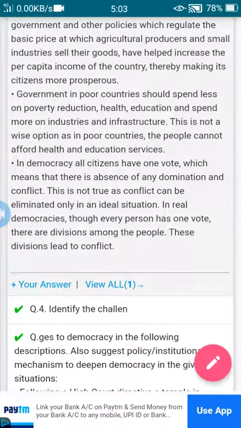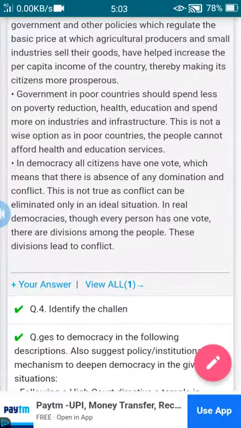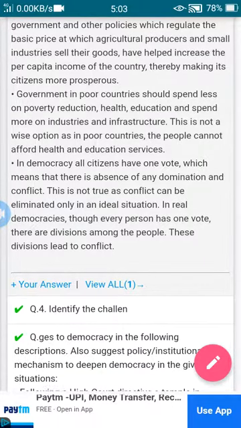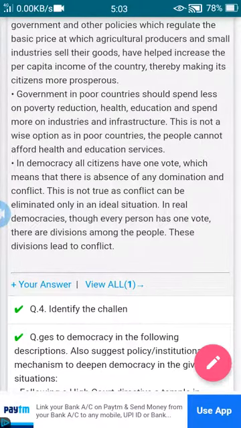This is not a wise option, as in poor countries the people cannot afford health and education services.